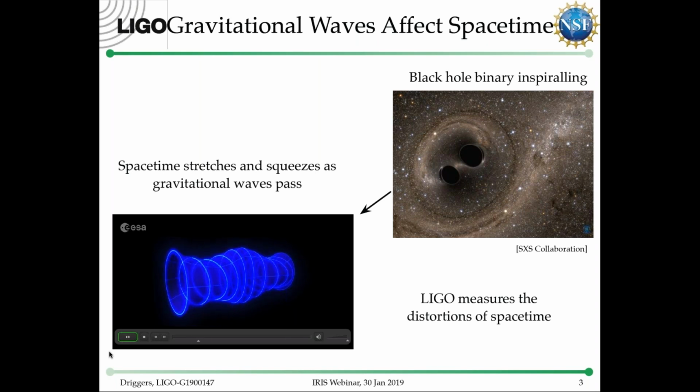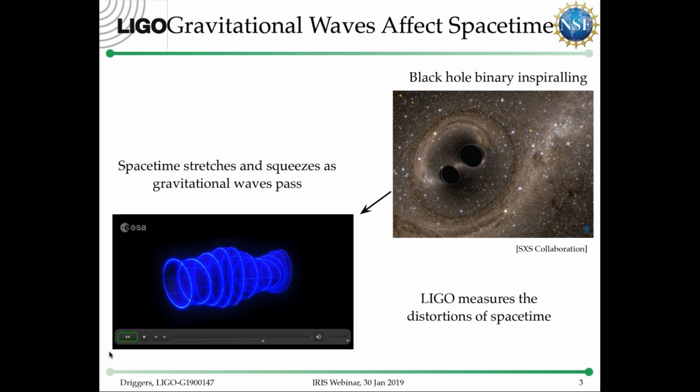So if we have a gravitational wave coming from these two black holes, traveling kind of towards the lower left side of the screen, and we have these blue rings in space-time, the gravitational wave is stretching and squishing space-time, and we can see that stretching and squishing in these blue rings.